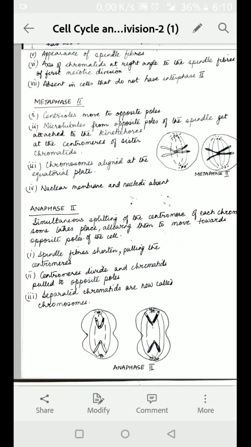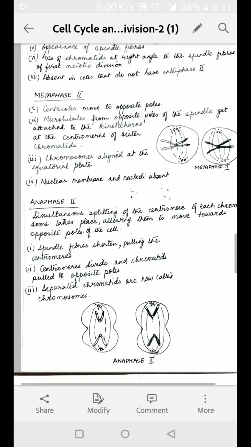The spindle fibers shorten and pull the centromeres. The centromeres then divide and the chromatids are pulled towards the opposite poles. The separated chromatids are now called chromosomes. These were the important events that take place in anaphase 2.